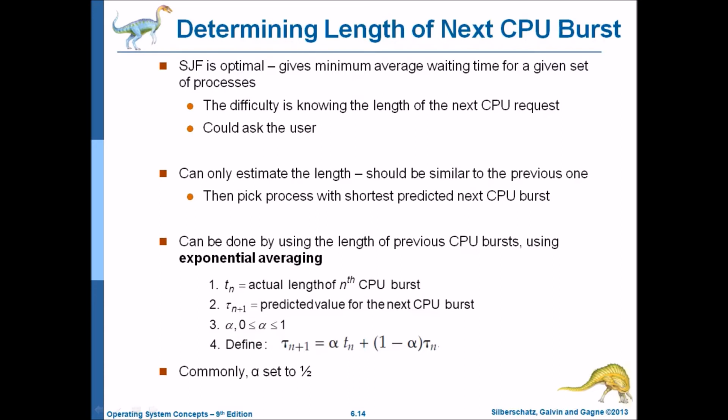Preemption occurs when a new process arrives in the ready queue that has a predicted burst time shorter than the time remaining in the process whose burst is currently on the CPU. The preemptive version of shortest job first is shortest remaining time first.